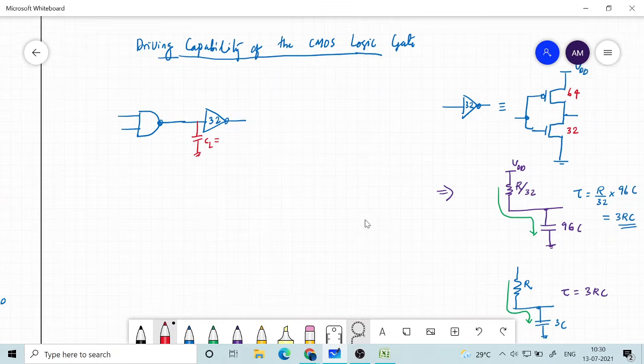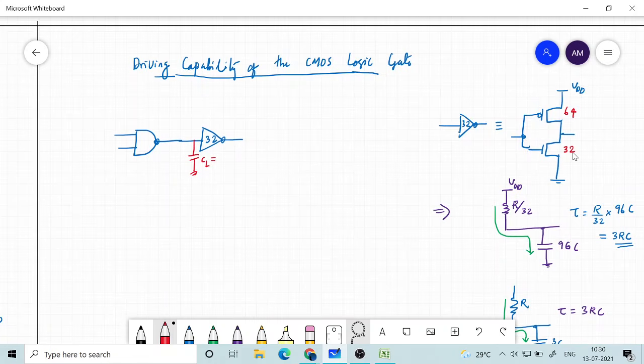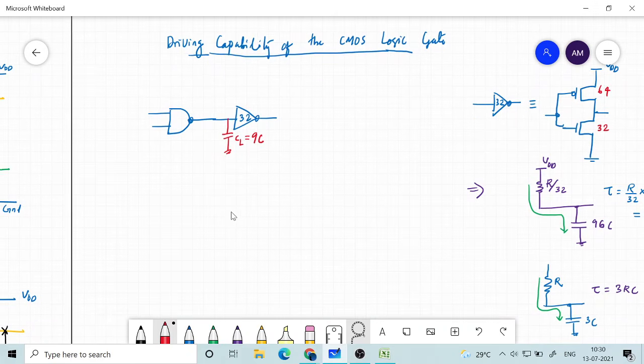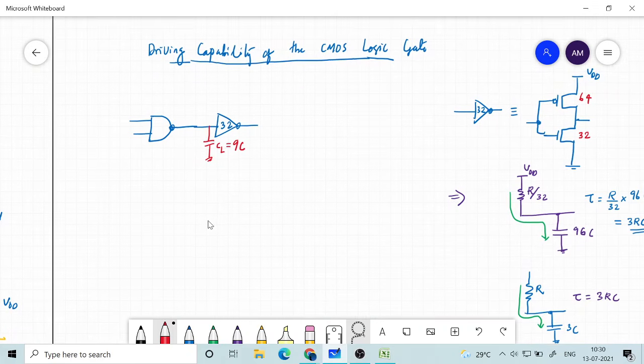NMOS has 32C and PMOS has 64C, so it will be 96C. And suppose this is a unit NAND gate. Unit NAND gate means the NAND gate which has the same charging and discharging resistance as the reference inverter.